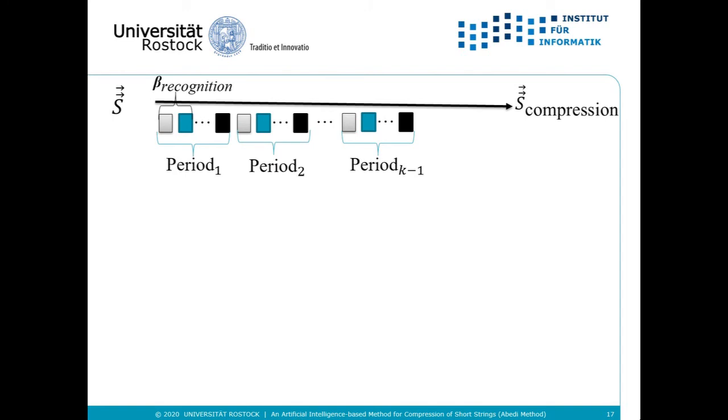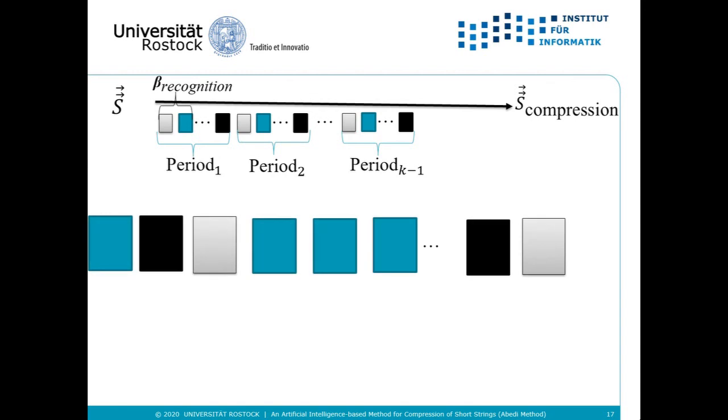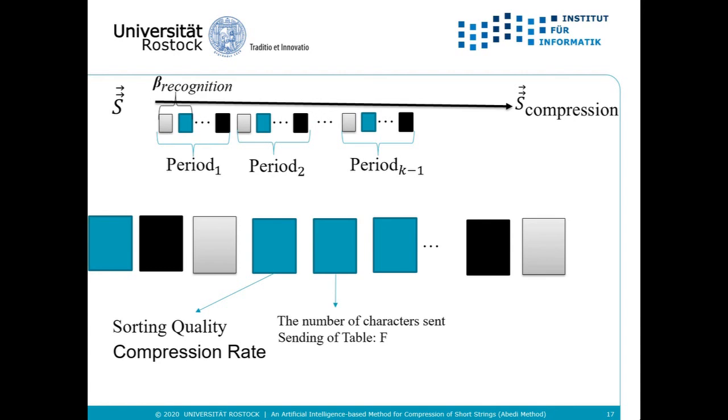In the next step, our proposed method starts to extract information to train the neural networks in order to find out when it's a good time for the table to be reordered. In each part, after sending beta recognition characters, the algorithm calculates the sorting quality and the comparison rate, and also considers the number of sent characters, and as the quality of table order is acceptable, the table sending variable is false.